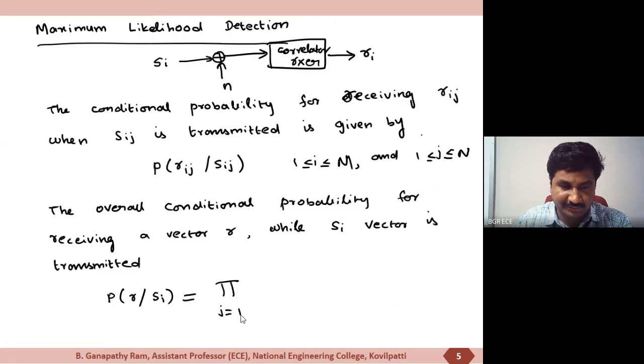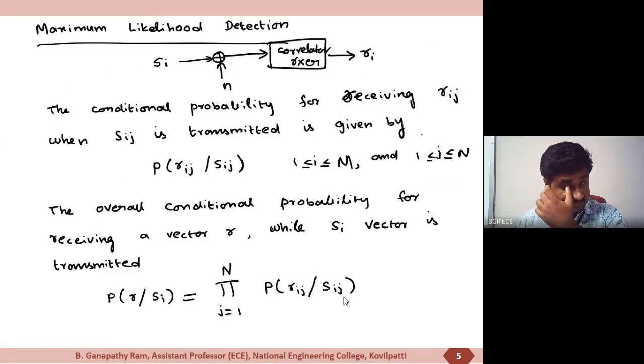So the product over j equal to 1 to n of P of Rij given Sij, where i is between 1 to m.